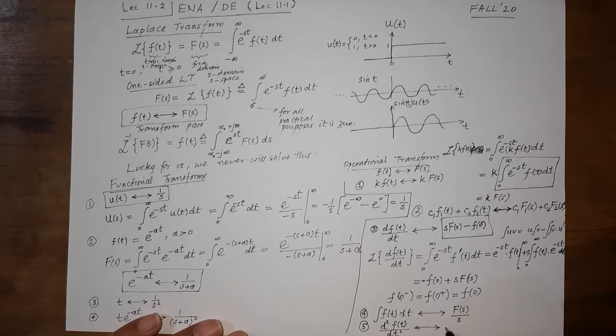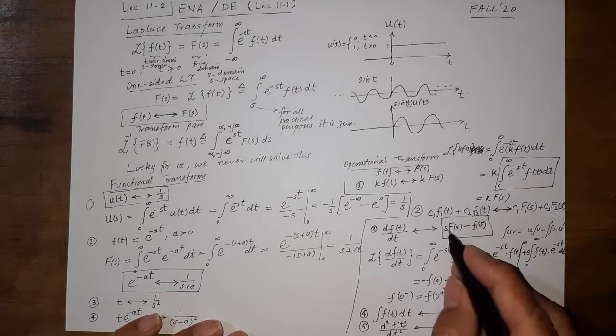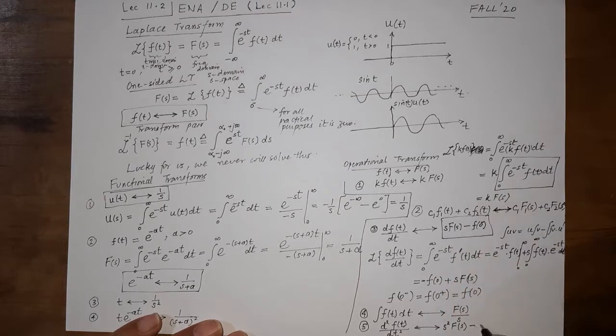And as you know, teachers are very comfortable doing things which are easy. It is s square F of s minus s into f of 0, or 0 minus f dash at 0 minus.